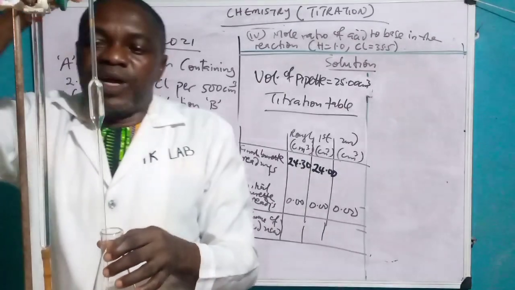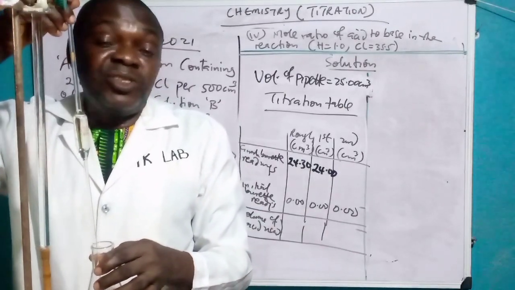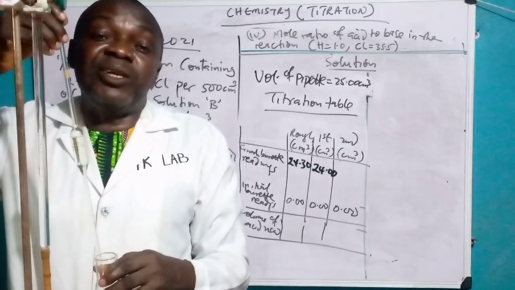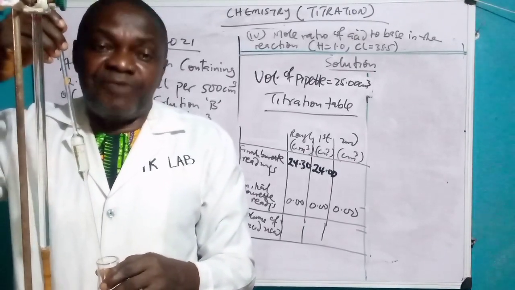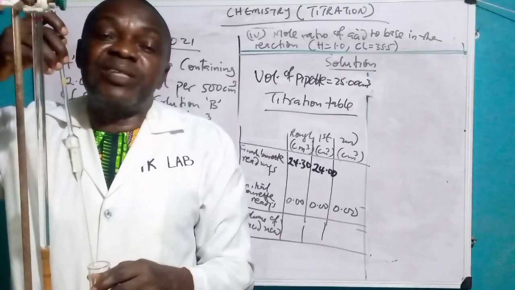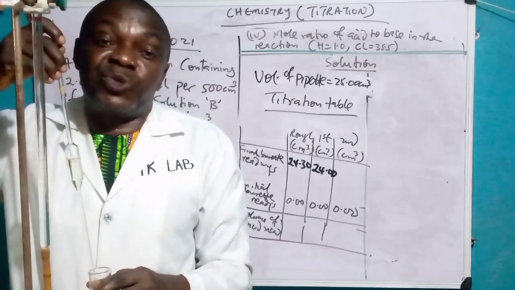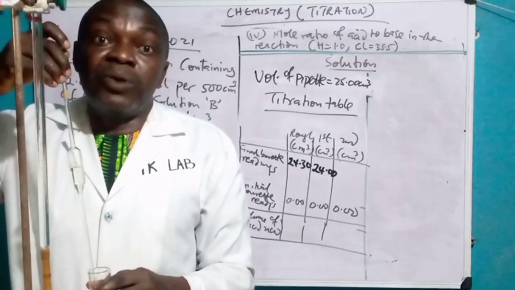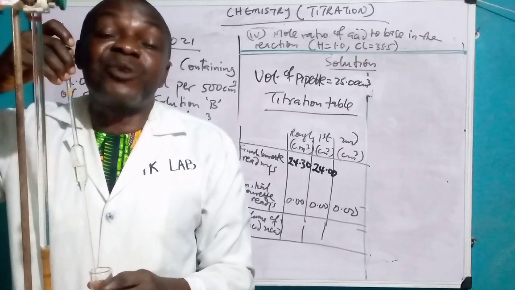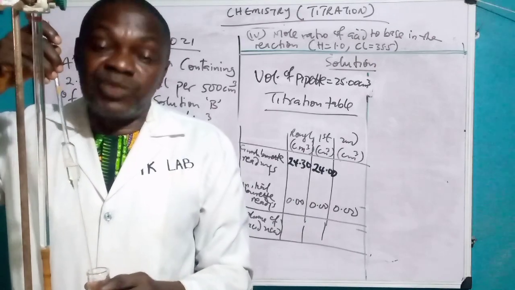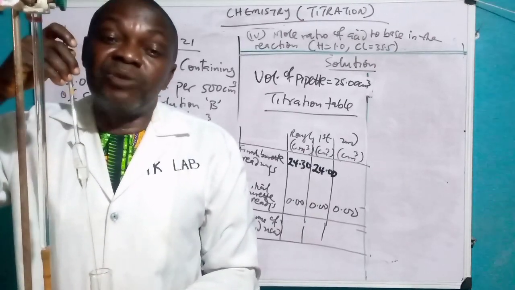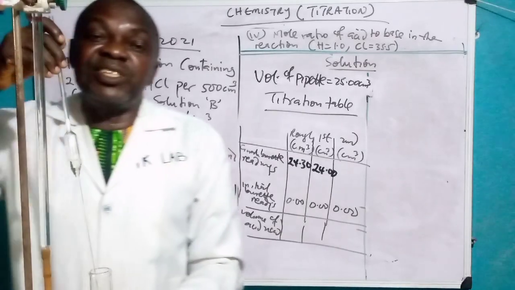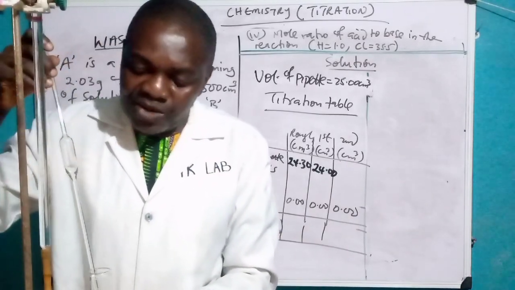This is the last titration we are going to do. 3 is enough. No need to be doing 5, 10. Just do 3. When they are marking WAEC, what they normally use is 2 concordant values. Concordant values means values that don't differ by plus or minus 0.2. Go to my first video on titration, how to carry out accurate titration. That's the heading. Make sure you follow the precautions, everything in detail. Understand it very well, so you don't have any single challenge when you are carrying out your practical work.